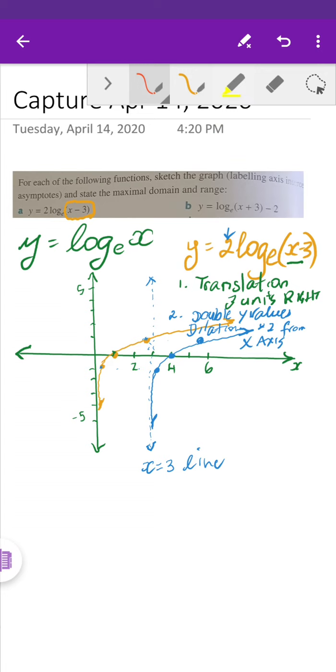So we're on the blue graph and we want to double our y values, double the distance from the x-axis. So instead of being negative 1, that's at negative 2. Instead of being a 0, that's at 0. Instead of being at a height of 1, that's at a height of 2. Okay, so now our graph is going to look like this.